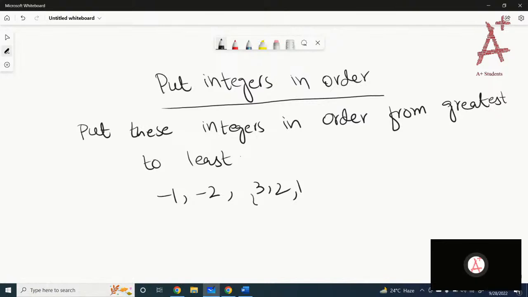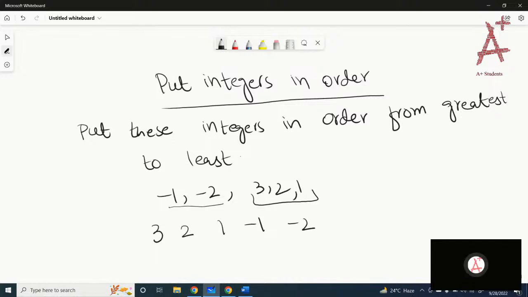So that means one of the positive numbers is the greatest. So which is the greatest one? 3 is the greatest one. Then you have 2, then you have 1, and after this you have the negative numbers. In the negative numbers, as you are moving far from 0, the numbers are smaller and smaller. So that means -1 is greater than -2. So you can put them in order like 3, 2, 1, then -1 and -2. Got it?